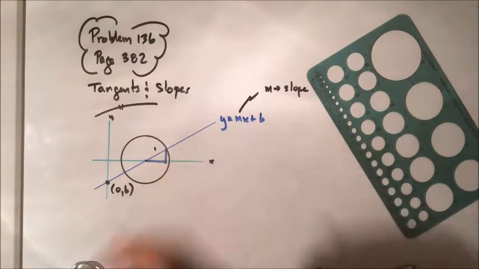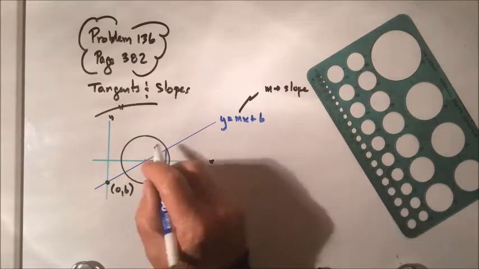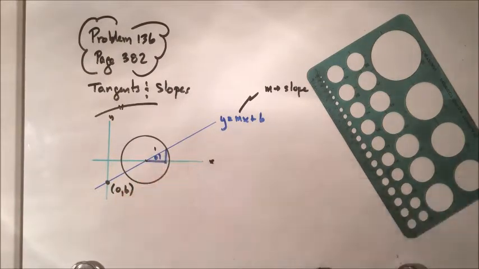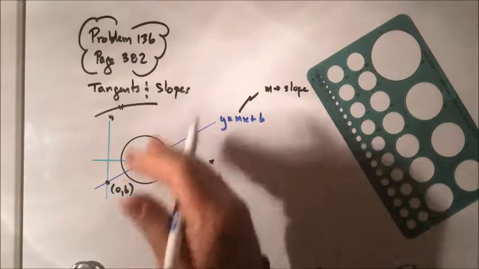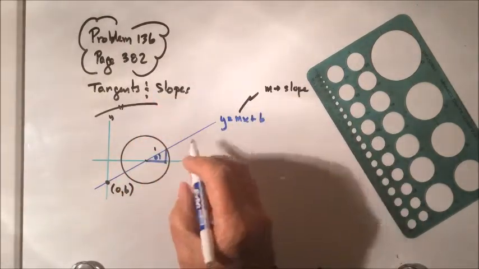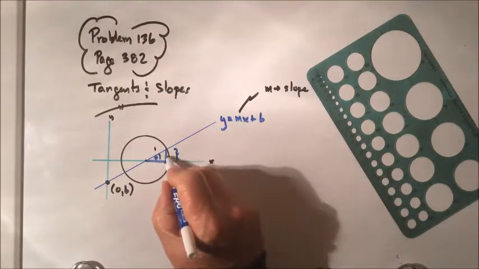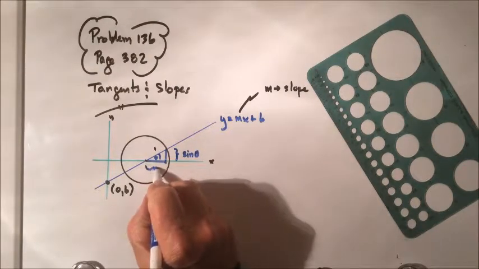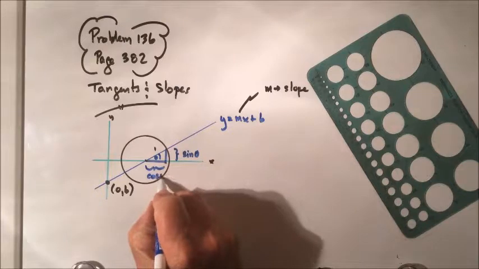We're going to focus on this little triangle with a subtended angle of theta. If that is angle theta and this is a unit circle, then that little height there is the sine of theta, and that little length there is the cosine of theta.